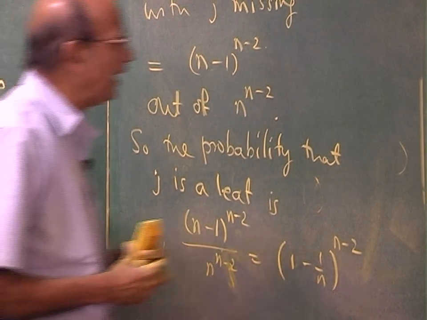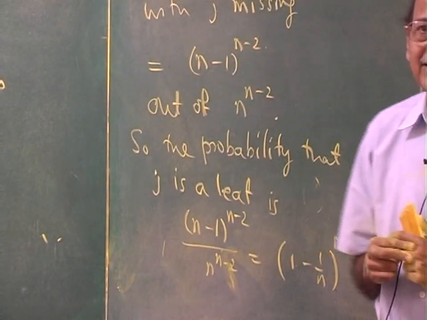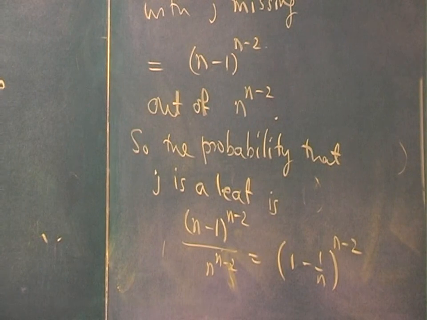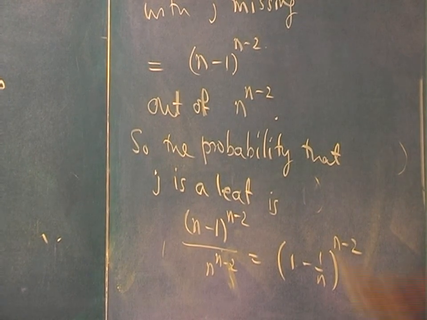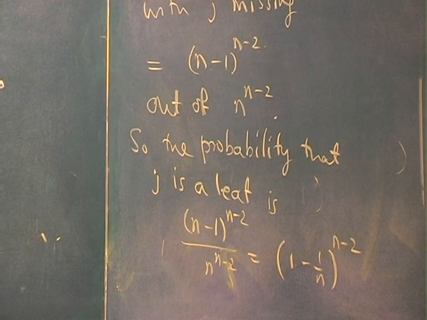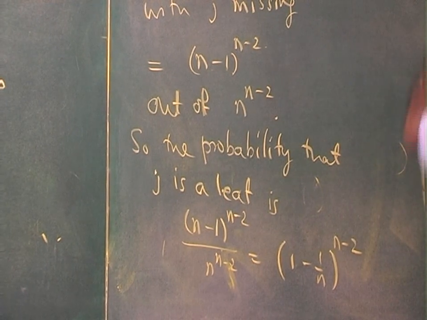The right way of handling this is to define a random variable. What kind of random variable? I define a random variable on the sample space that consists of all the n raised to n minus 2 trees.